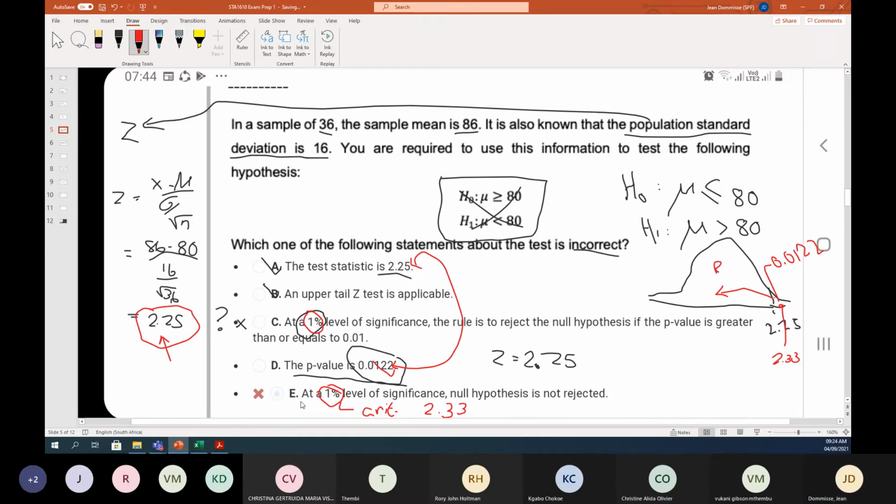Does this tell you that this is wrong? So you accept the null hypothesis.